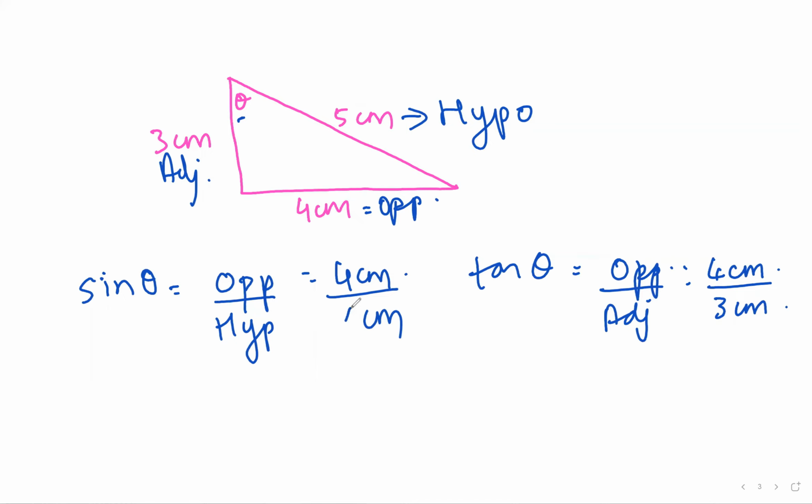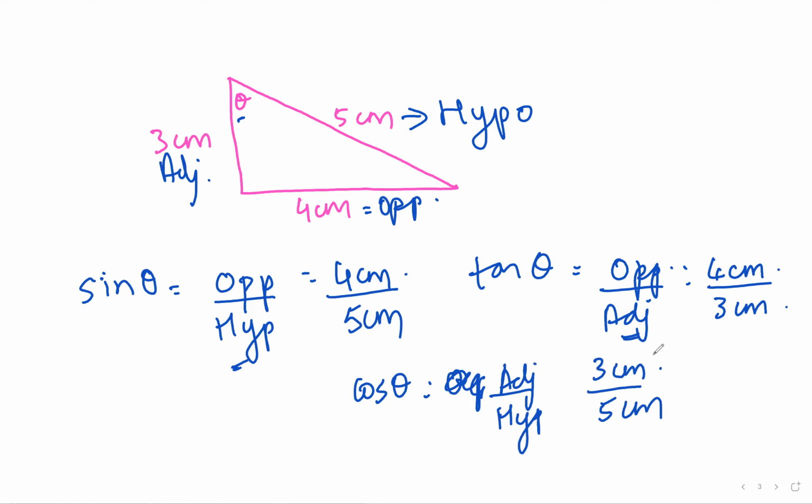This should be 5 centimeters. Are you all with me? And then cos theta is very simple. Cos theta is adjacent over hypotenuse. What is adjacent? 3 centimeters. What is hypotenuse? 5 centimeters. So we have derived all three of them here.